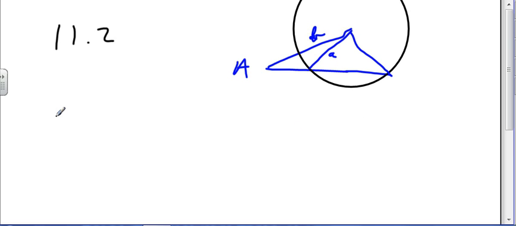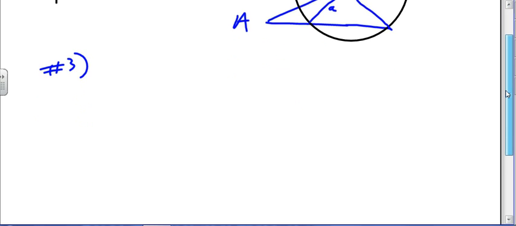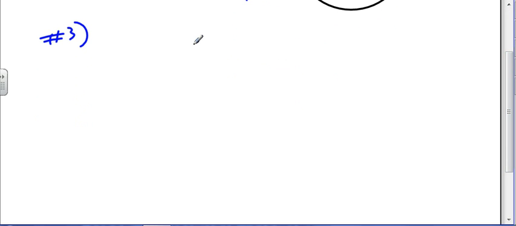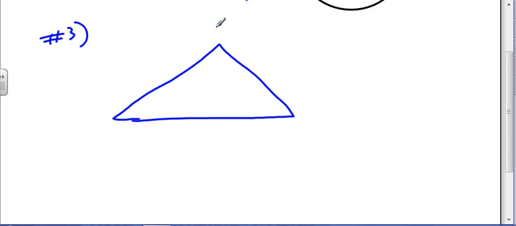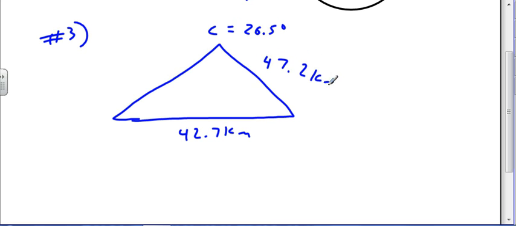So we'll start with number 3. We'll say, well, got a triangle, and the C guy is 26.5 degrees. And across from here is 42.7 kilometers. And the A guy is 47.2 kilometers.